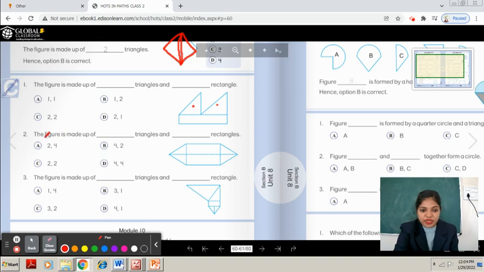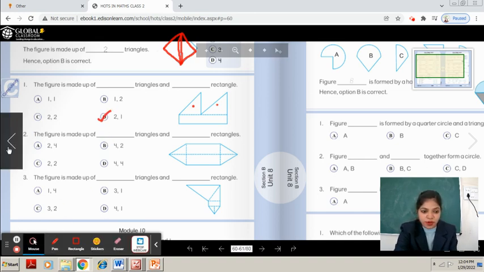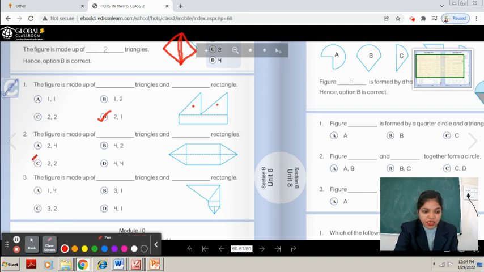Okay. So find out the option. Which option is right? Yes, option D. Very good. Is it clear to all of you? Okay. So now the second question and third question. This is your homework.